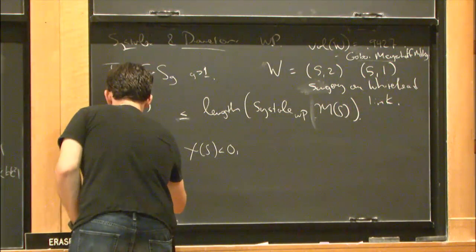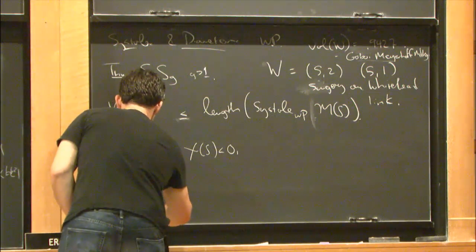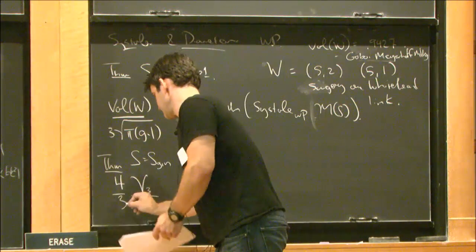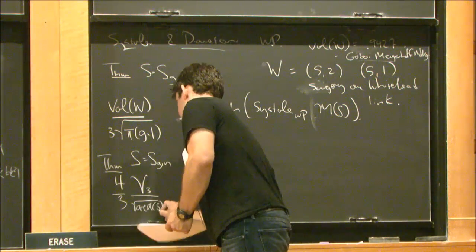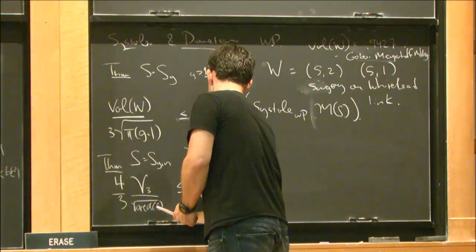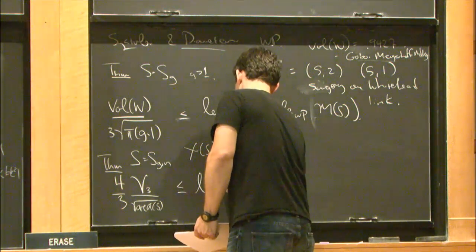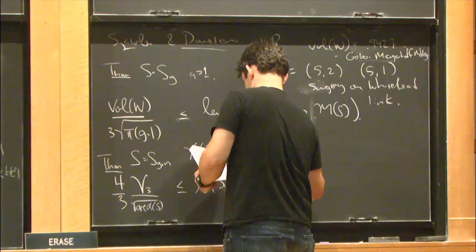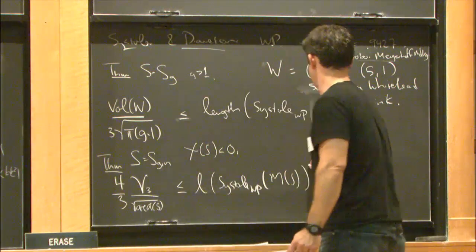So that leads to the formula: 2 times V3, where this is the volume of the regular ideal hyperbolic tetrahedron, over the area of S is less than or equal to the length of the Weil-Petersson systole of the moduli space.